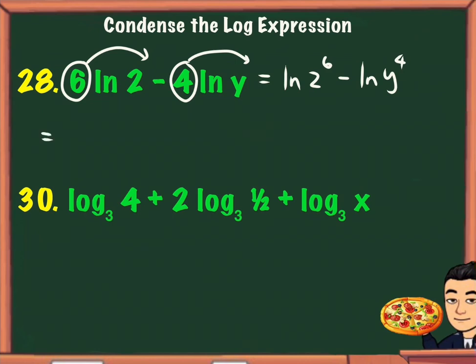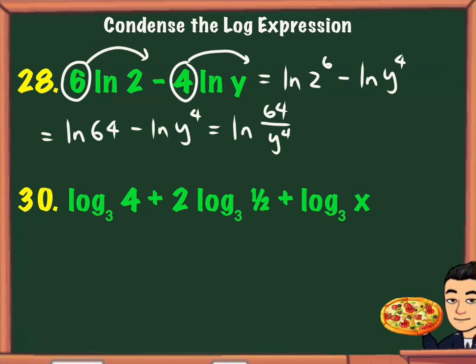So we can rewrite this as natural log of 64 minus natural log of y to the 4th power. So here we can use the quotient property, combine the two log expressions. So this is going to equal natural log of 64 over y to the 4th power.